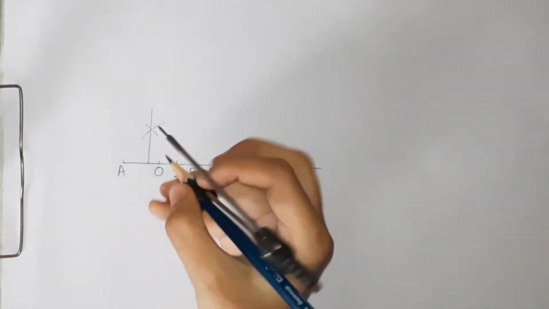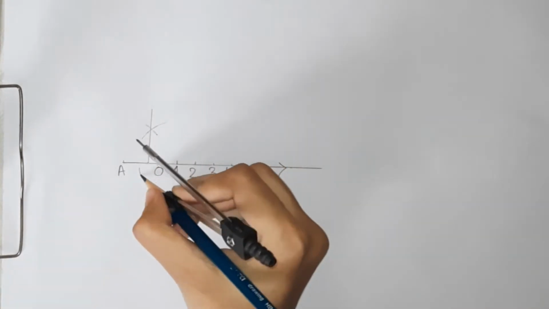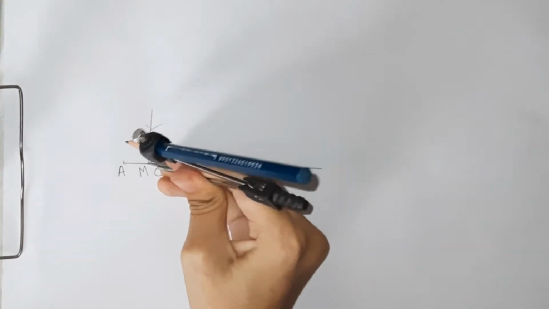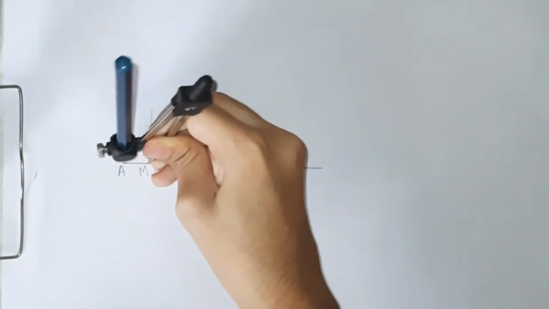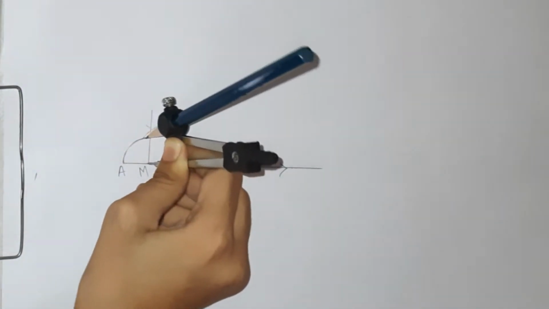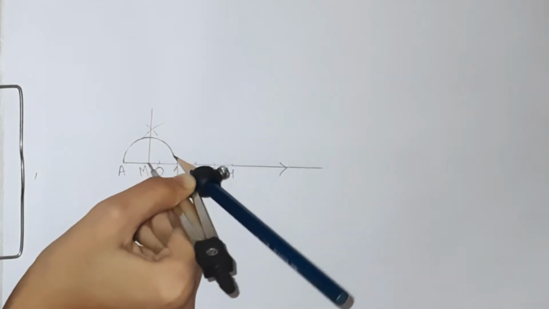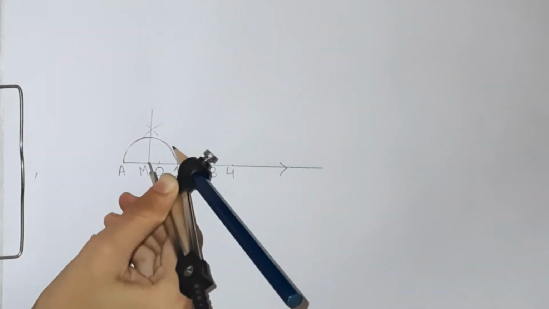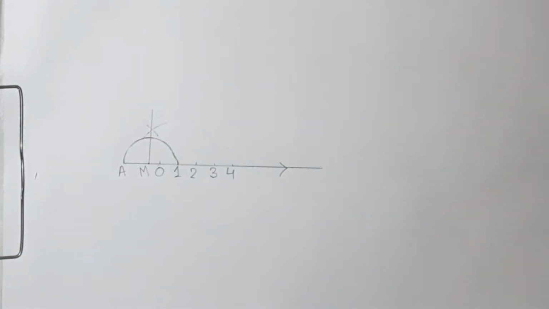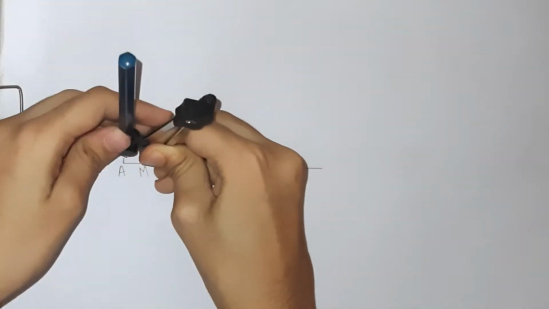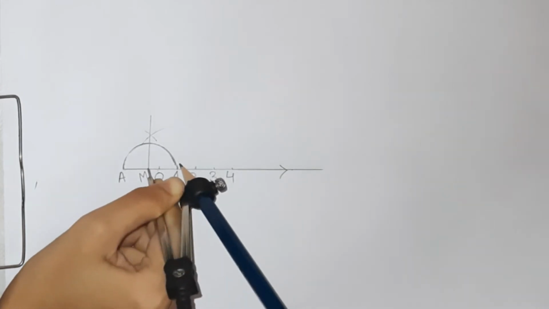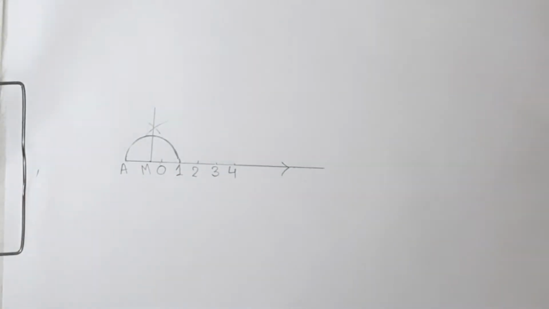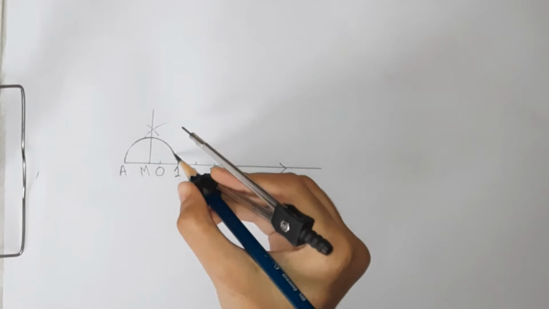We will name this point as M. By taking M as a center, we will draw a semicircle. So the semicircle would be like this.